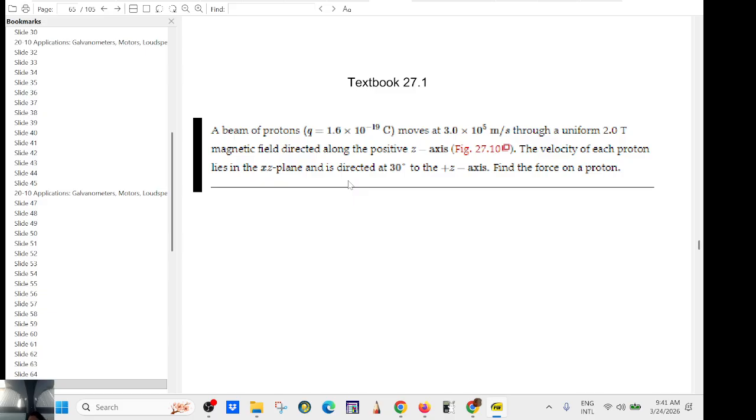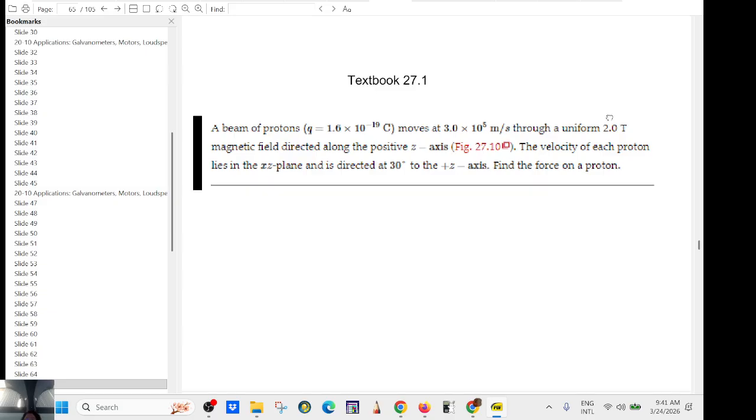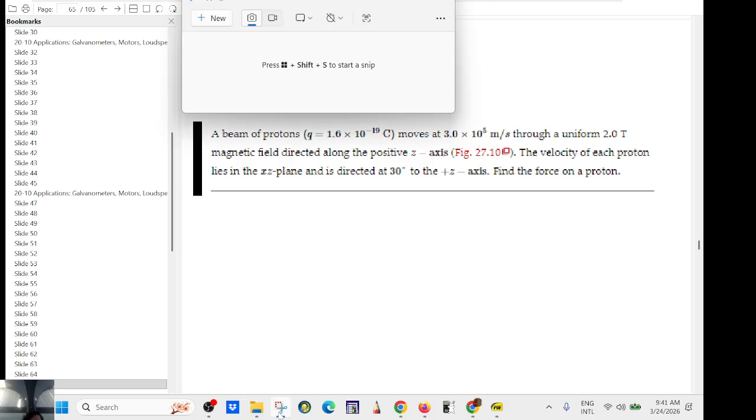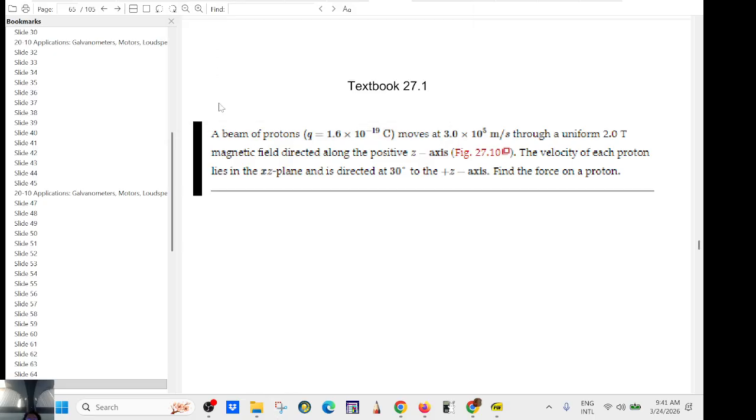So what's happening here? A beam of protons, so these are positive, and it's moving. That will be your magnetic field. Do it, don't wait for me.